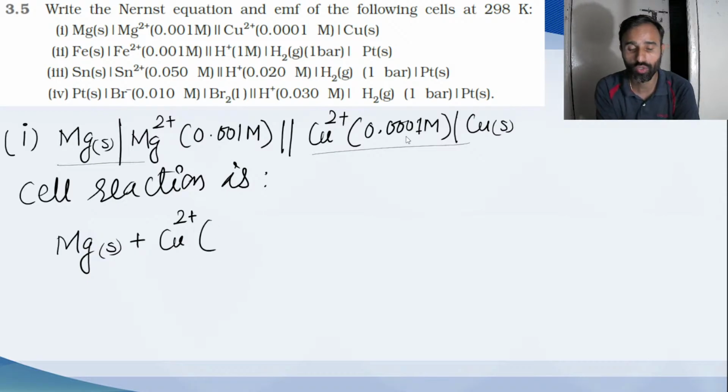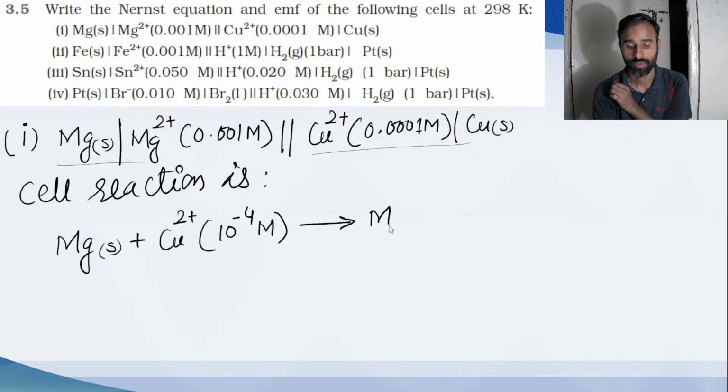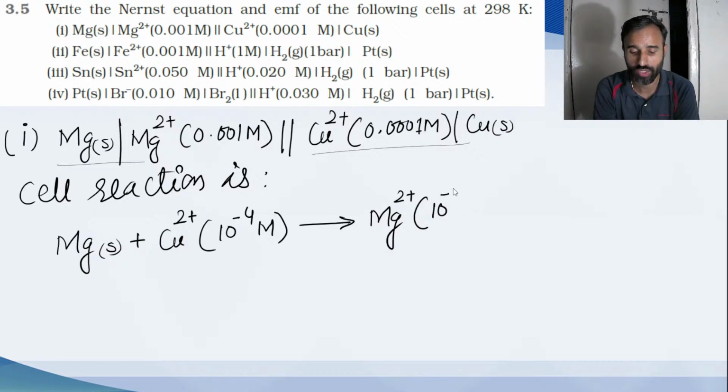So Cu2+ at 10 raised to power minus 4 molar gives Mg2+ at 10 raised to power minus 3 molar plus copper solid.